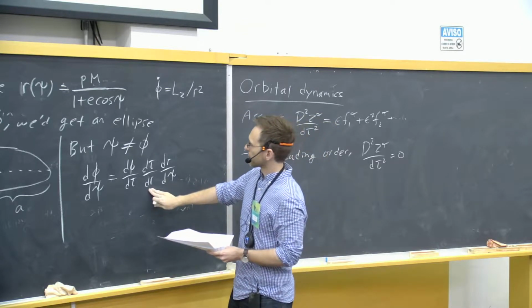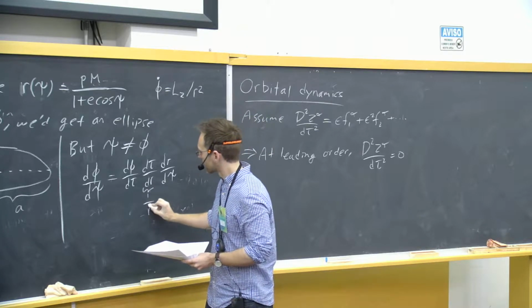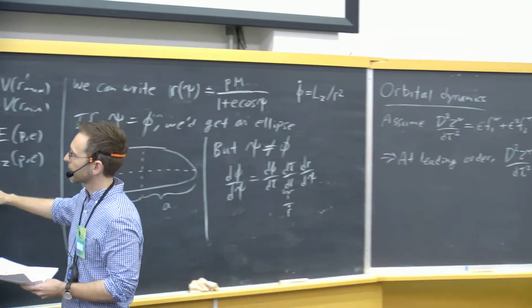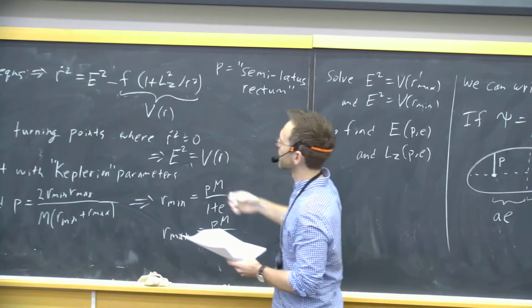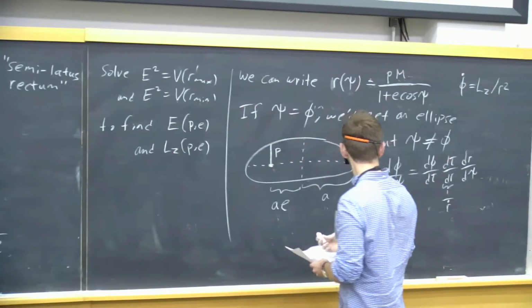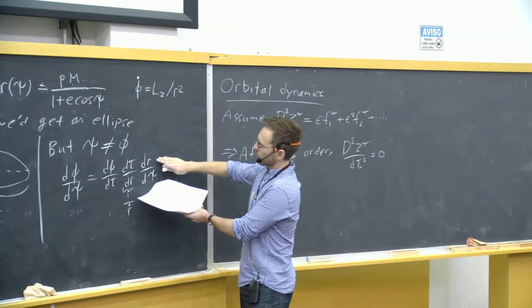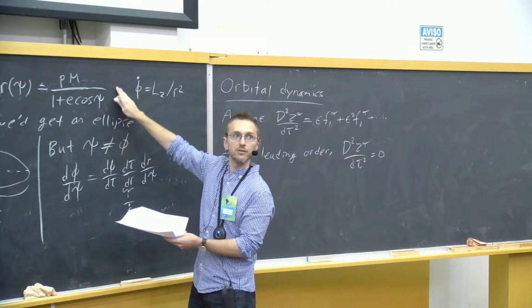d tau dr is 1 over r dot, and we've got r dot written here in terms of E and L. And we can just explicitly write down what dr d psi is by taking the derivative of this with respect to psi.